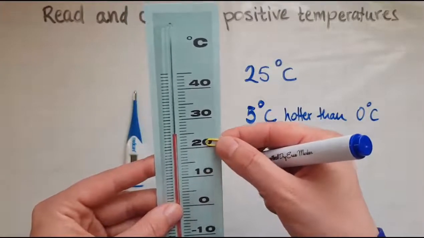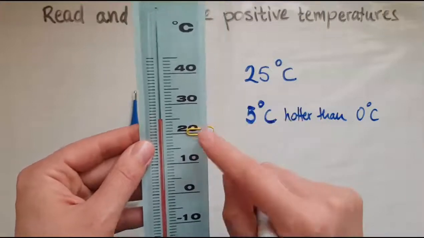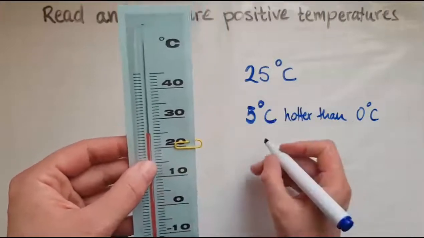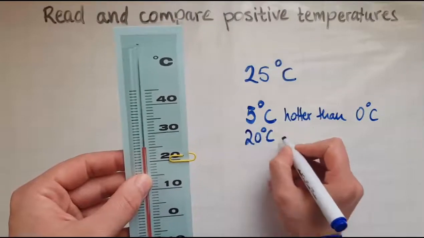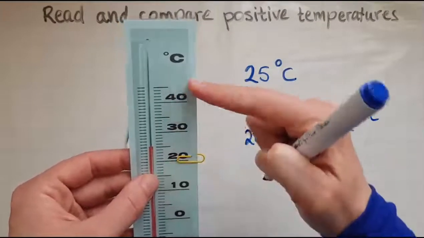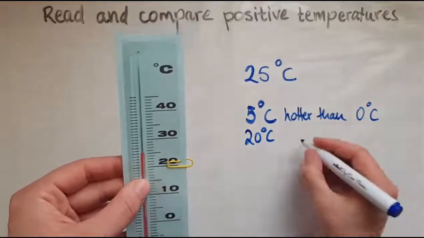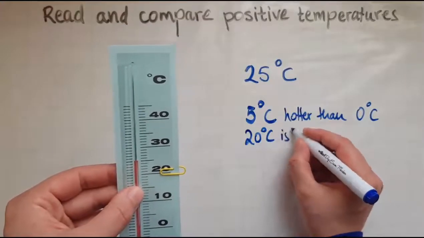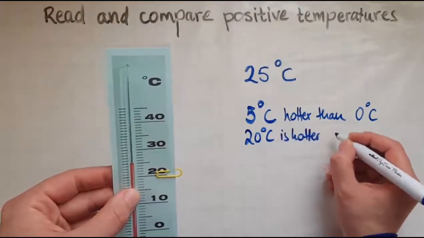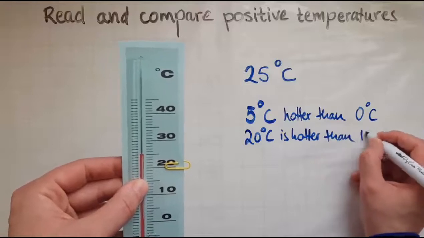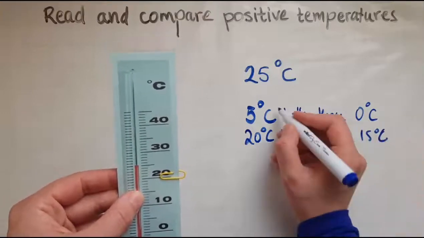And let's compare some other ones. Look at 20 and then 15. Again, 20 degrees Celsius is hotter because it's higher in the scale. 20 is hotter than 15 degrees Celsius.